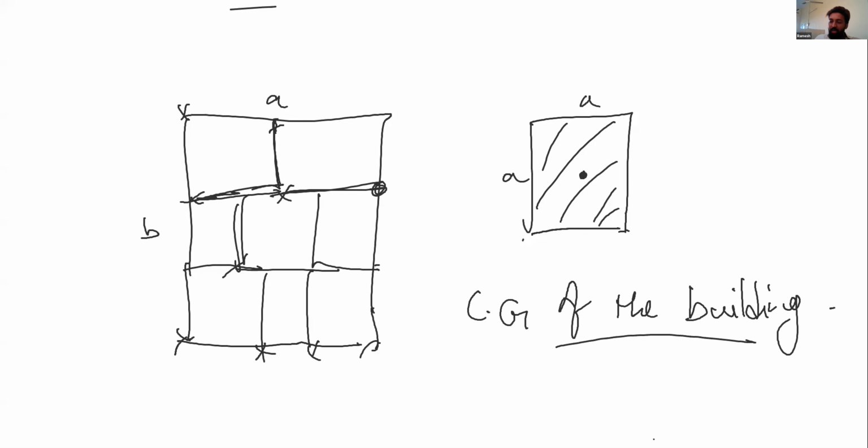So the CG of the building might be shifted to somewhere over here. And the center of mass, okay, and the forces, the external forces also, the wind force or the earthquake force will act from this CG.